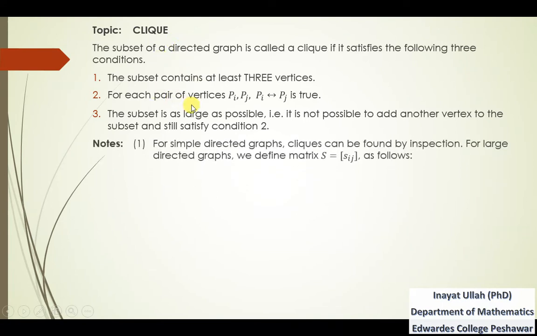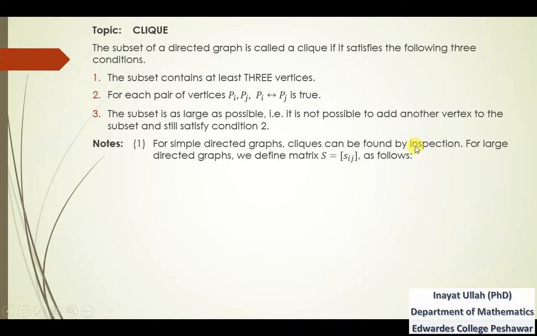There are notes for simple directed graphs. Simple directed graphs are those graphs which contain a small number of vertices. For simple directed graphs, cliques can be found by inspection.